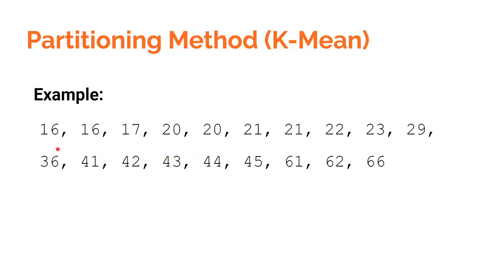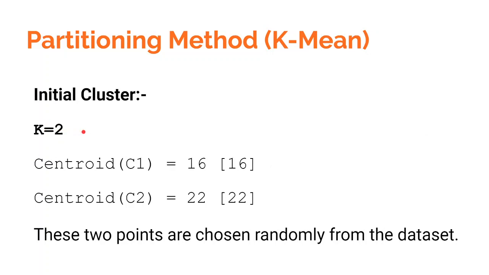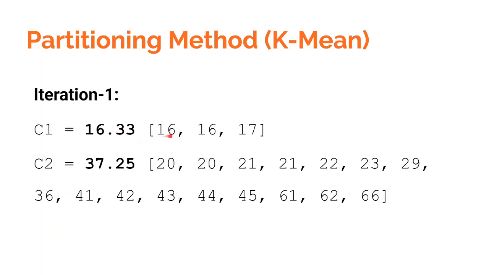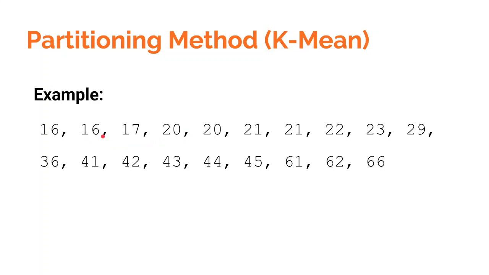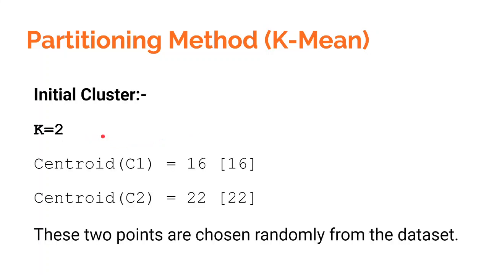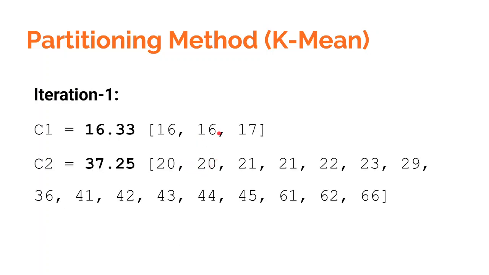So the value near to the first centroid, which is 16, I have arranged in this first cluster. Again, the value 16 is near to the first centroid value, that is 16. So I have set this 16 in the first cluster.